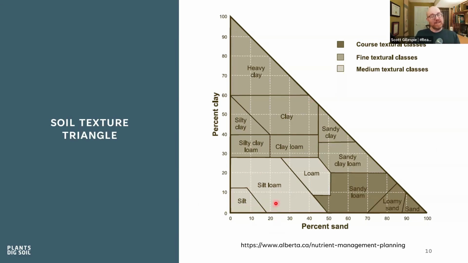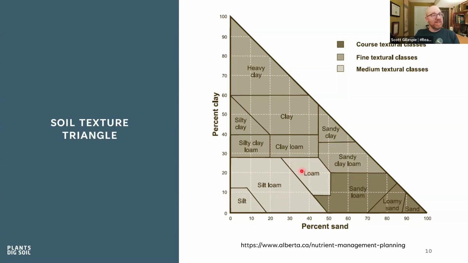All of us know what sand is and we know what clay is, but silt is a very tough thing to get your mind wrapped around. I'm going to be coming to what silt particles are. They're that partway particle between sand and clay.